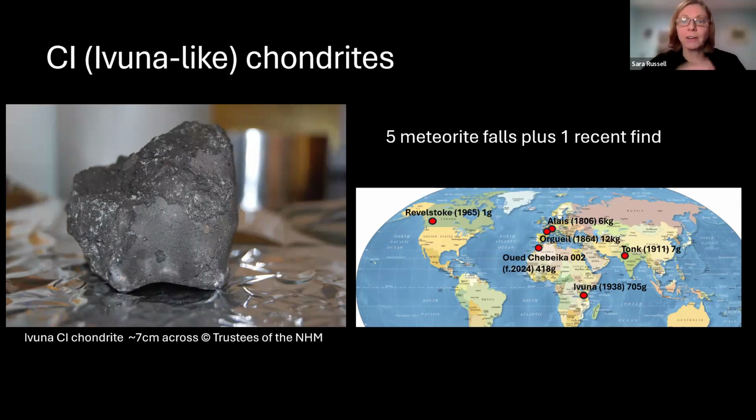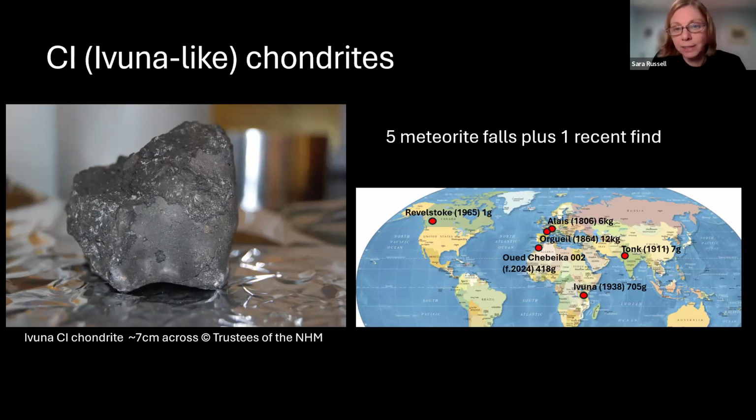Although there are a very, very small number of meteorites, they span the globe, with 4 continents having a CI fall on them. They also span time, from Alais, which fell in 1806, at a time when we were just discovering that rocks could fall from space and become meteorites, all the way to Ujbeka 002, which was just found last year.